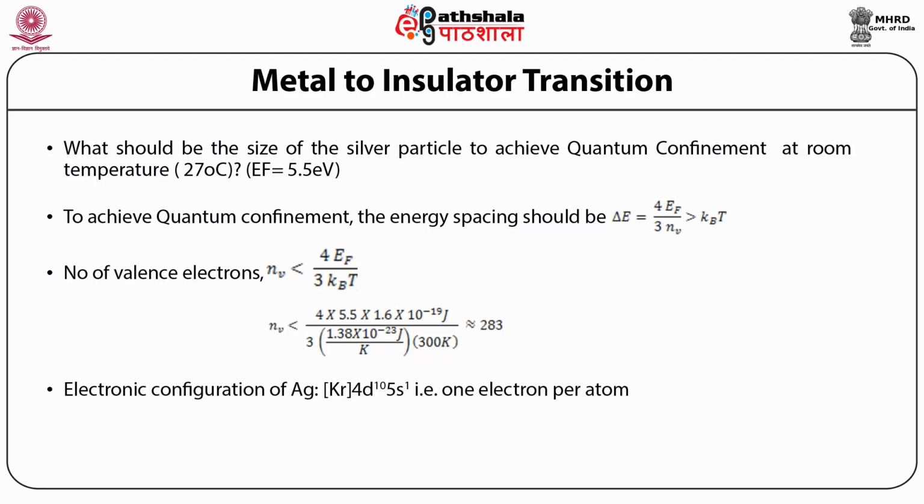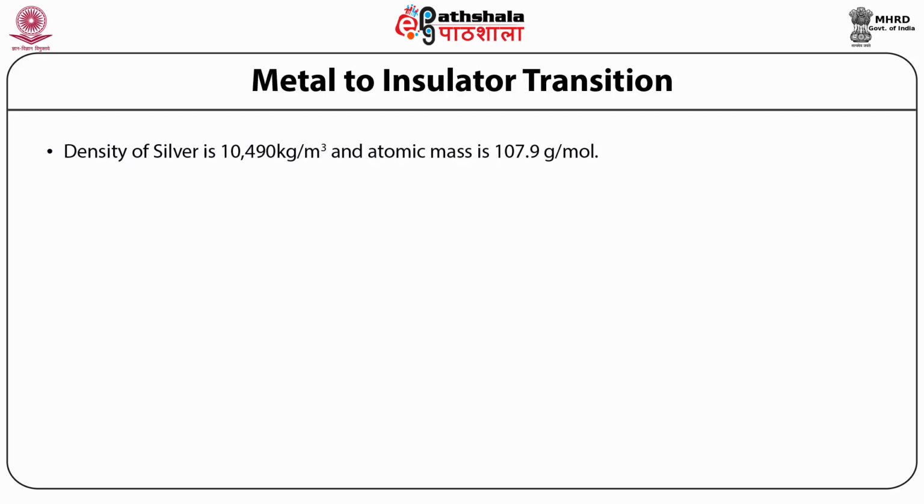Now the electronic configuration of silver is Kr 4d10 5s1, that is 1 electron per atom. Now the density of silver is 10,490 kilogram per meter cube and atomic mass is 107.9 gram per mole.